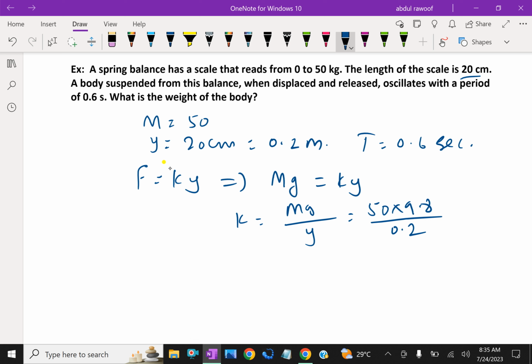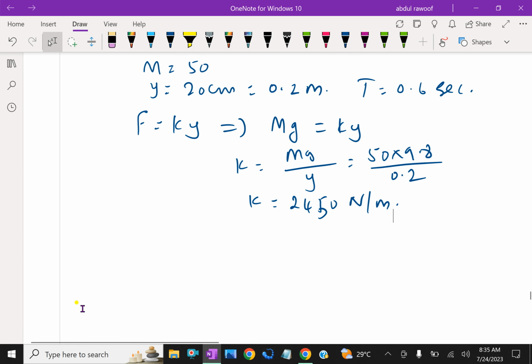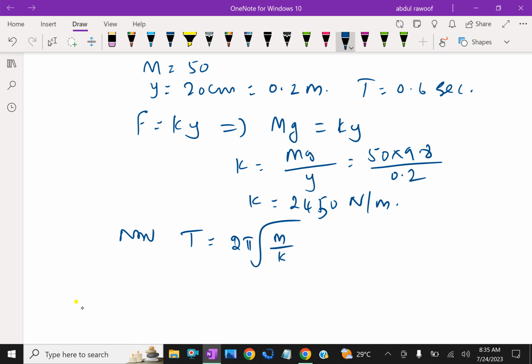The simplification gives k equal to 2450 Newton per meter. That k value, got it. Now we know that time period of oscillation is 2 pi root of m by k.